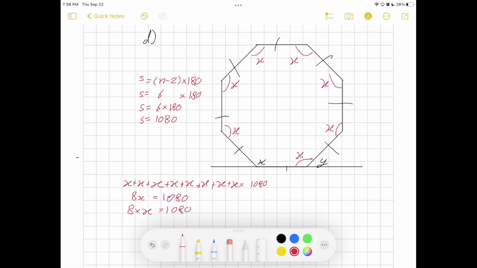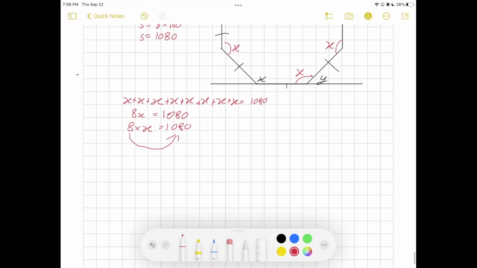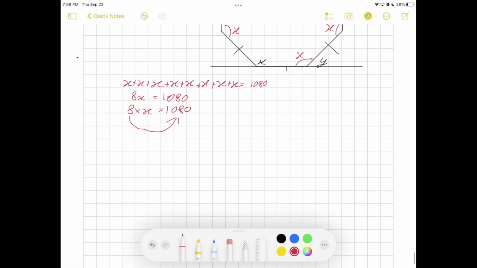So what I can do is drag this 8 all the way to the other side, and since it's getting multiplied, I divide it. So I leave x alone, which is what we want, and I bring the 8 to the other side, and because we have to opposite it, I divide it. So 1080 over 8. Once we divide that, we'll get the answer for x.